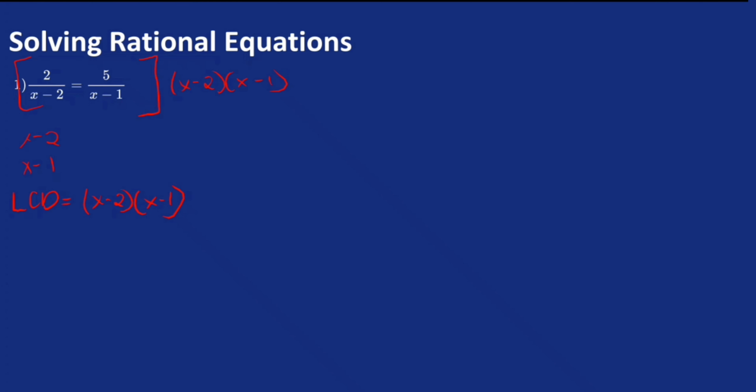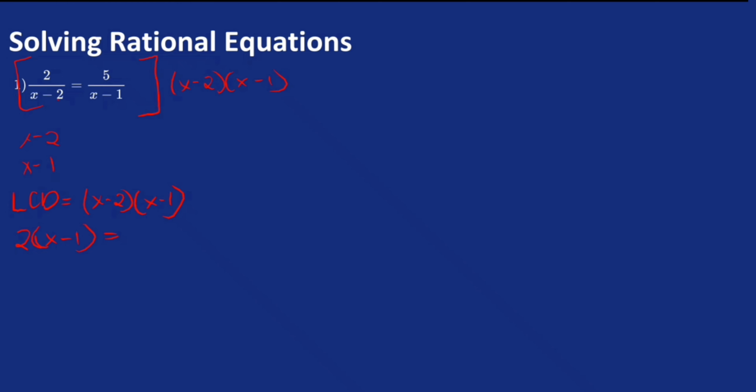In multiplying them, we'll start with the first rational expression, 2 over x minus 2 times the LCD. And to multiply, we can simply cancel the common factors, x minus 2 and x minus 2. And we will be left with the original numerator, 2, times the factor that was not cancelled, which is x minus 1, equal to 5 over x minus 1 times the LCD.